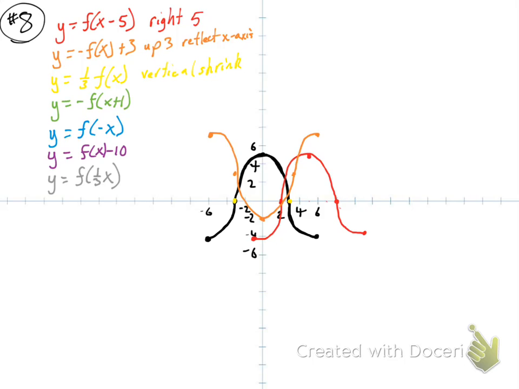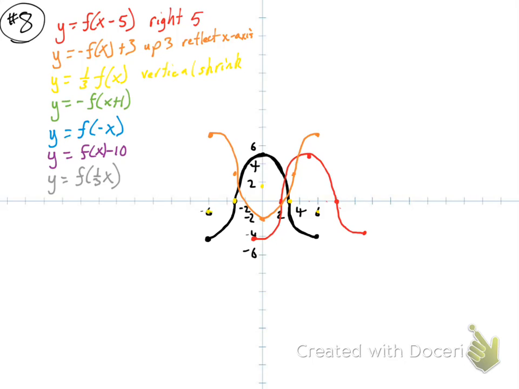But if I take this y value here, negative 4, and multiply it by 1/3, that moves me to a negative 4/3, which would be 1 1/3, right about there. If I take this value 5 and multiply it by 1/3, that's 5/3, which is almost up to 2. And then a negative 4 here is going to move up as well, up here to 1 1/3.